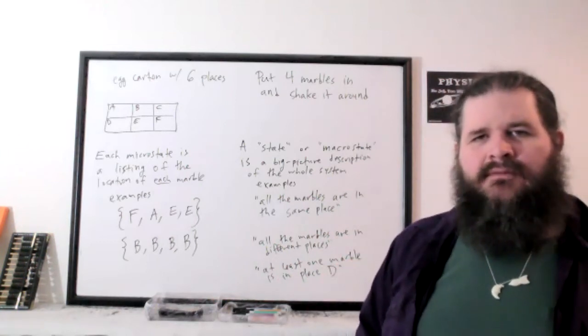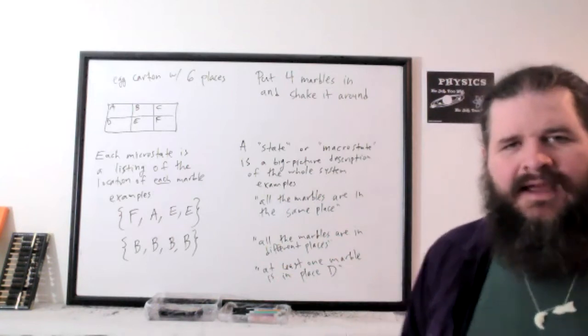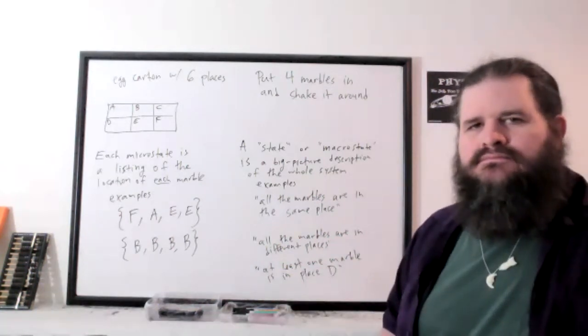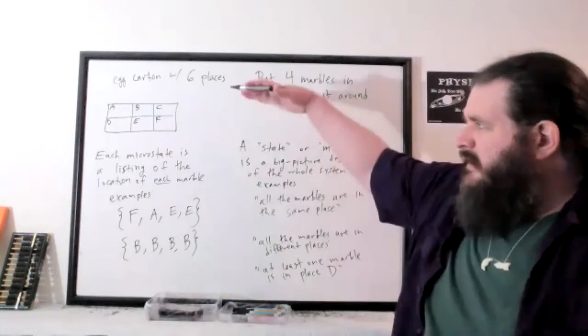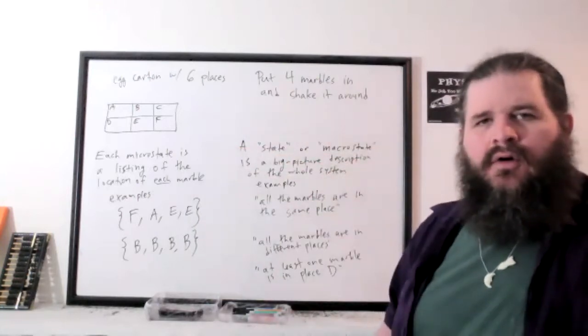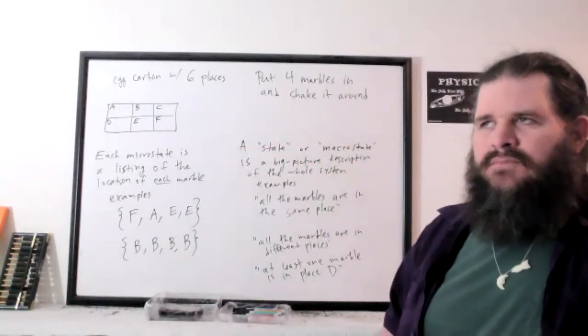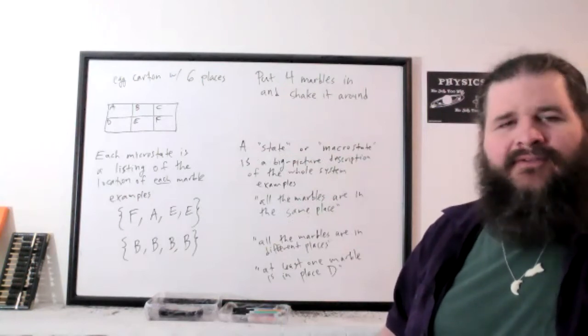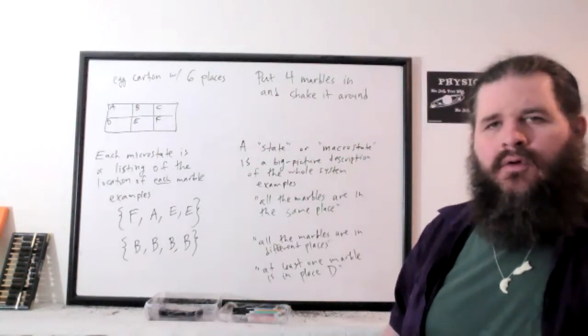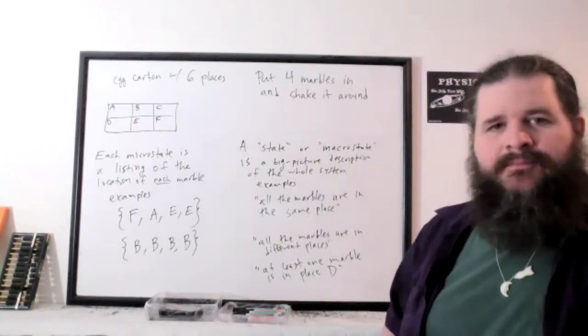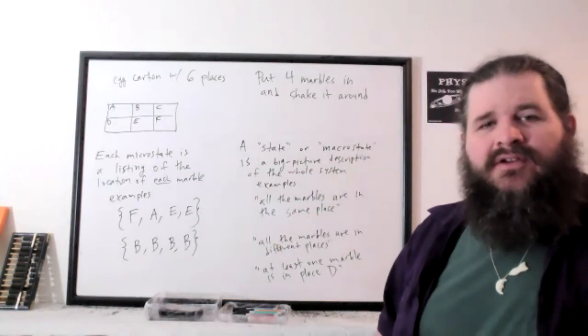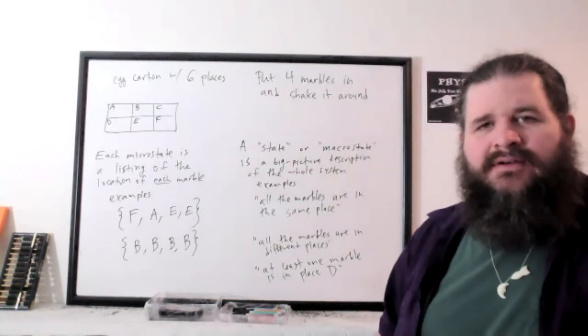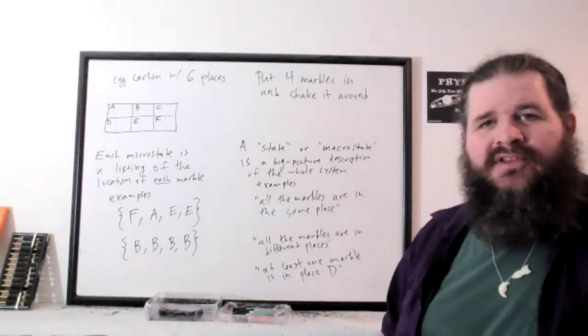And you can get very, very imaginative with states. You might say all the marbles are in the lower half of the carton, or half of the marbles are in the upper half and half of them are in the lower half, or there's no marbles in place B. So there's many different ways to describe states, however you want to describe just a broad general picture of the whole system.